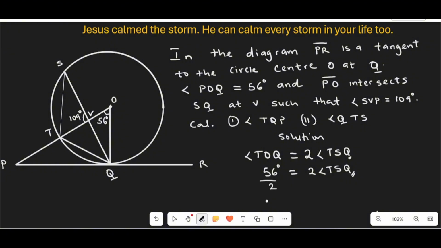Angle TSQ equal to 28 degrees. So this angle is 28 degrees.